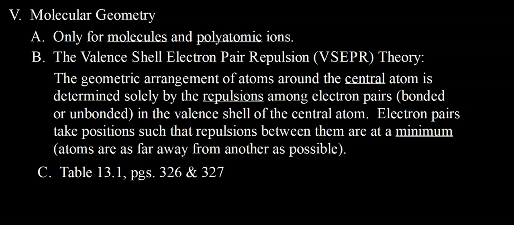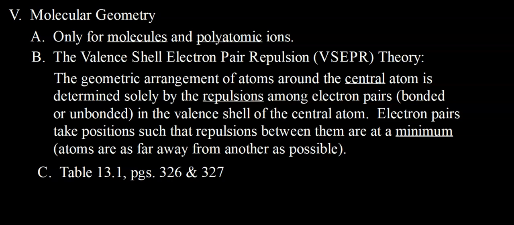The shape that a molecule takes is based on the VSEPR theory, valence shell electron pair repulsion theory, which states the geometric arrangement of atoms around the central atom is determined solely by the repulsions among electron pairs. And it doesn't matter if those are bonding pairs of electrons or lone pairs of electrons.